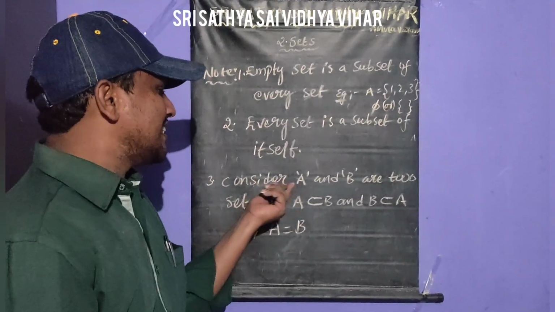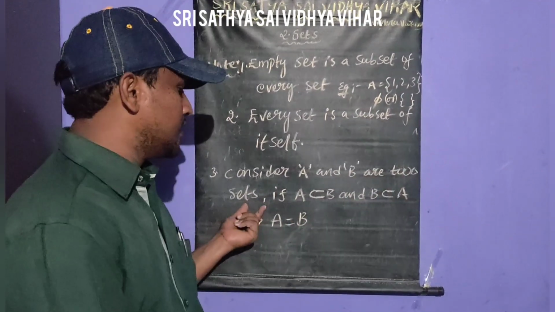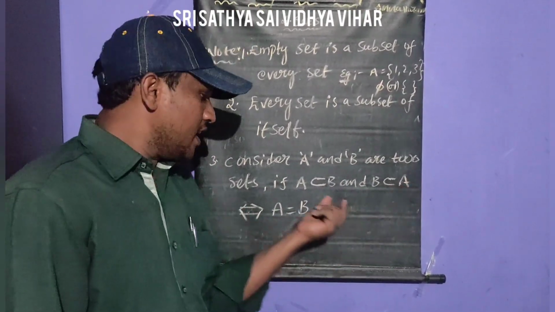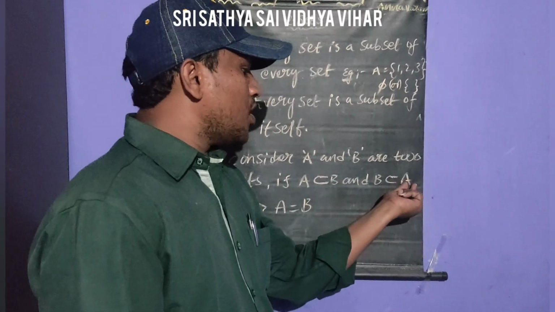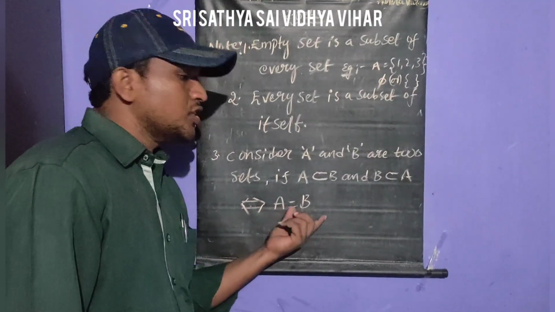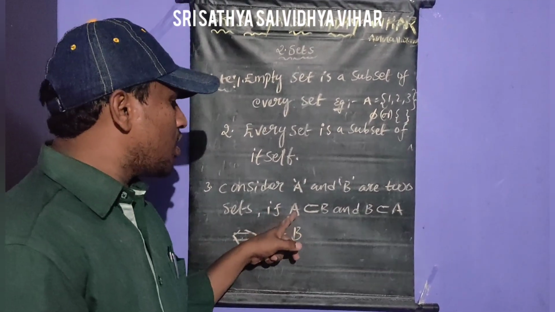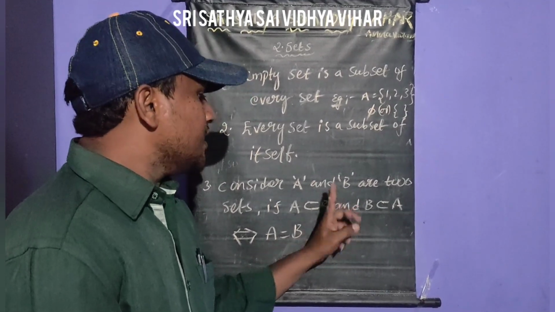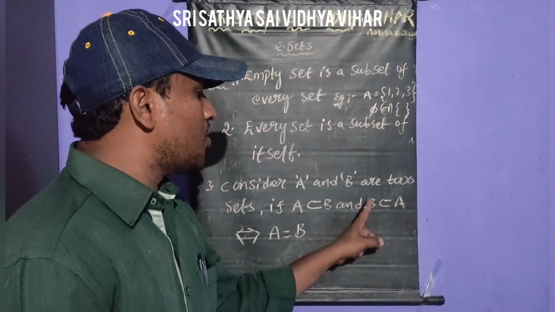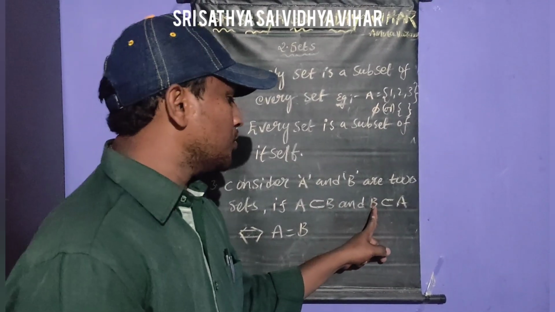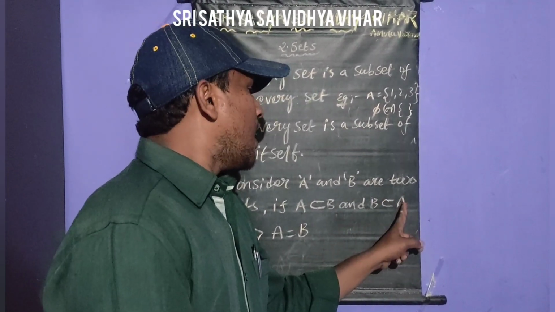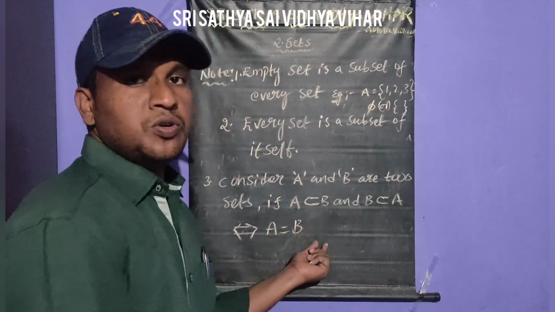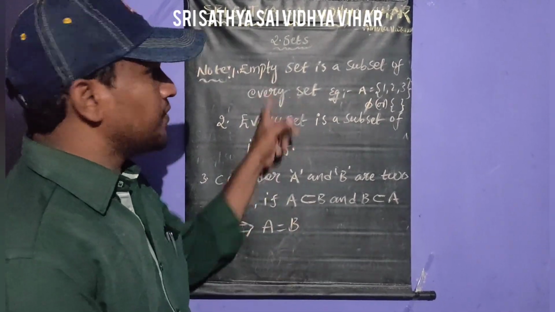The third point: consider A and B are two sets. If A is a subset of B and B is a subset of A, it implies A is equal to B. Every element of set A is also an element of set B, and every element of set B is also an element of set A, then A is equal to B. The three note points are very important.